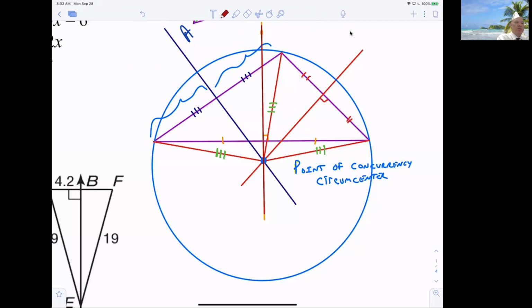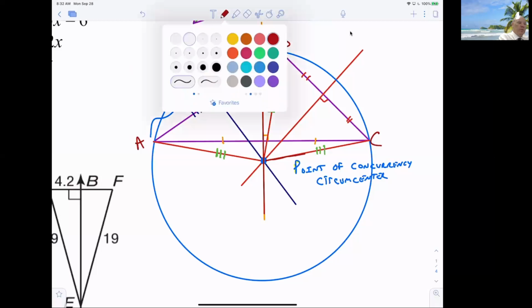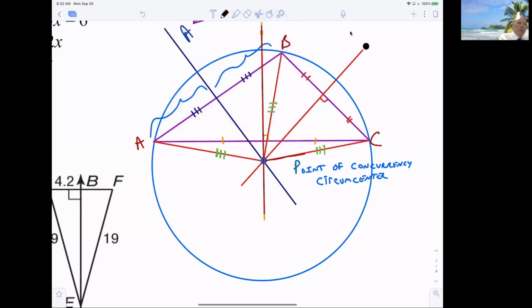So that means that blue dot is equidistant from the endpoints. I'm going to call this A, B, C. So right now the blue dot is equidistant from A to C. You agree? Now I'm going to make it a little darker and draw it this way.